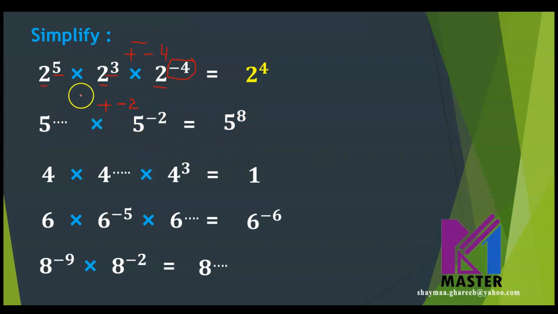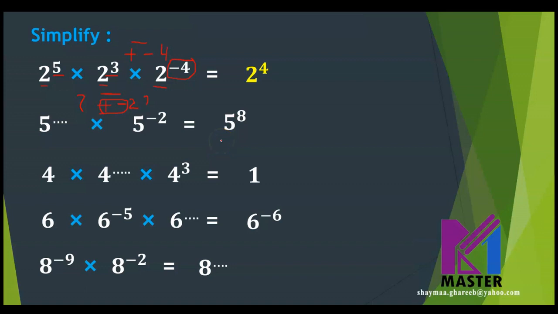Which means, what number, when I subtract 2 from it, because we said plus negative numbers is the same as subtraction. So what number, when I subtract 2 or minus 2, equals 8?